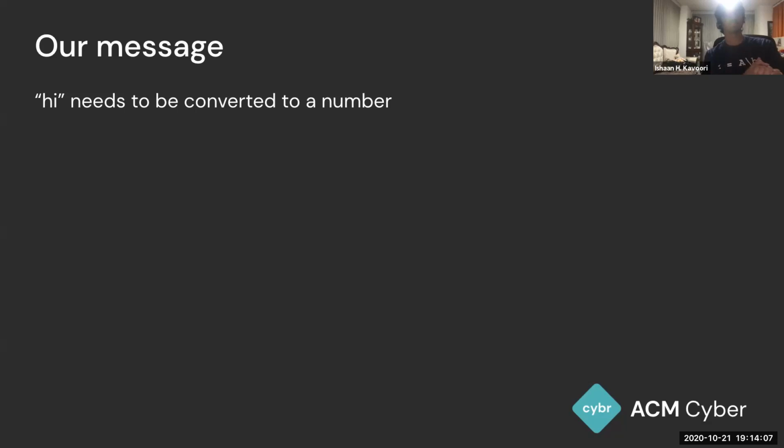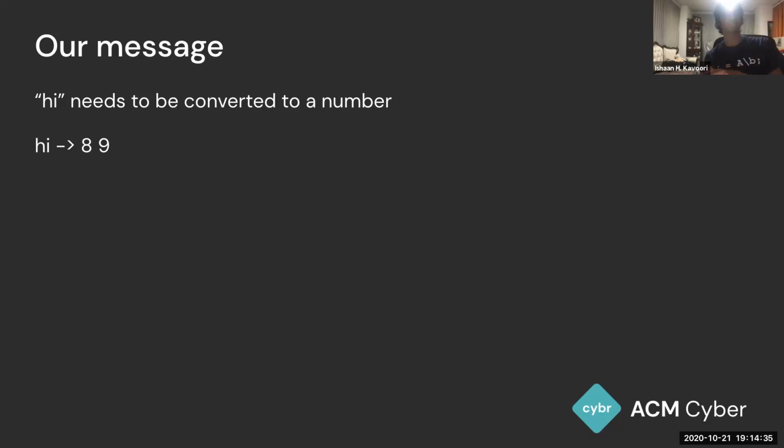I'm not going to talk about how it's actually converted to a number in RSA encryption, but for our purposes, again, since we want to work with small numbers, let's just say that each letter becomes the number that is its position in the alphabet, okay? So H is the 8th letter in the alphabet, and I is the 9th letter in the alphabet.